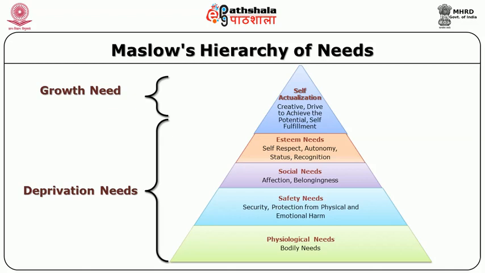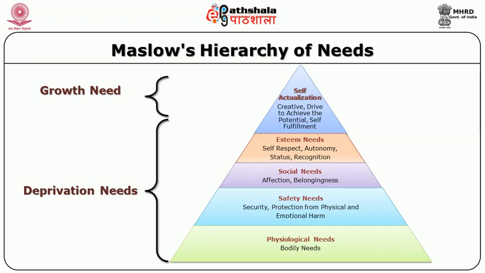So at the very base of the hierarchy, you find basic needs, bodily needs. If I am hungry, I can't think of anything, any reciting of poetry or learning about motivation, isn't it? So I need to satisfy my hunger first, then only I can think of everything else. So that is a very basic need. Then come safety needs, that is my security, my protection from physical harm or emotional harm.